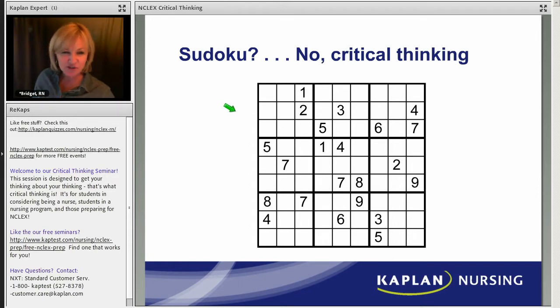To be able to do this game, you have to understand the rules, right? You do have to know numbers. You have to know the numbers 1 to 9. And you have to put those numbers in each box, numbers 1 to 9, and across 1 to 9. Now, the frustrating part to me, and probably the fun part to Karen, is that in each box, only one number fits. It's not more than one.